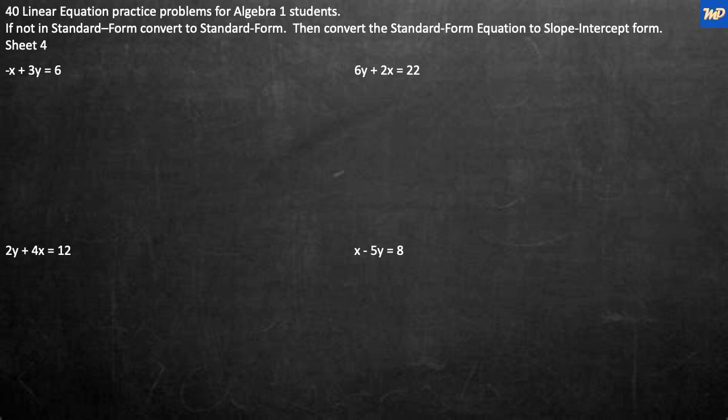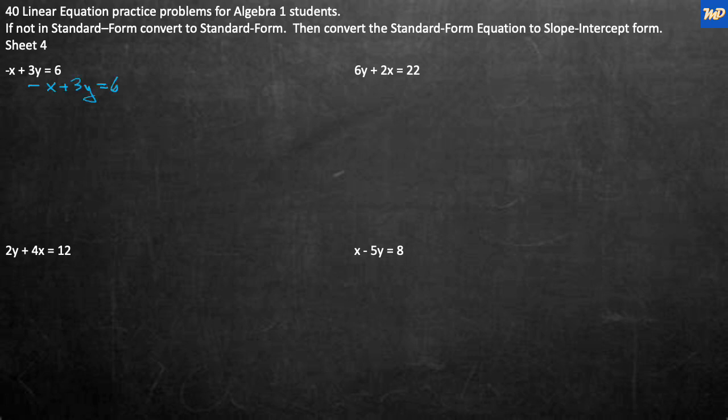So in this one, it is not in the correct standard form. It is a negative x term. The x and y are in the right location. There are no common terms between all three of them, except this. We have to get rid of this negative. So in order to do that, we're going to divide both sides by negative 1. So I'm going to say negative x plus 3y equals 6.